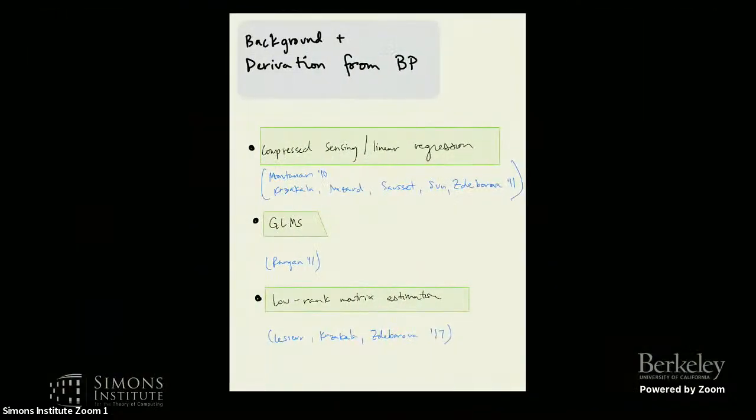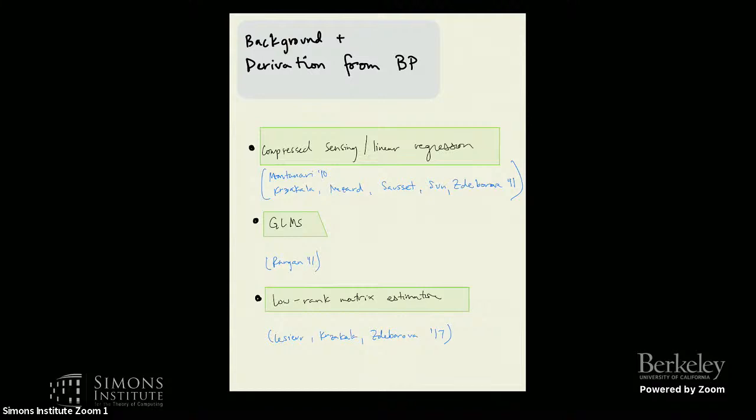Normally when you start reading papers on approximate message passing, the ideas are originally presented through a derivation from a belief propagation algorithm.